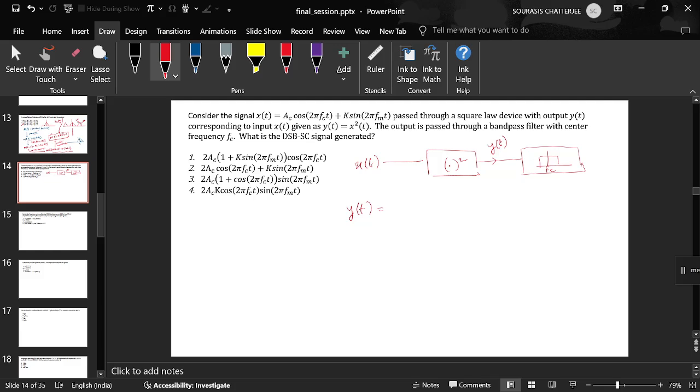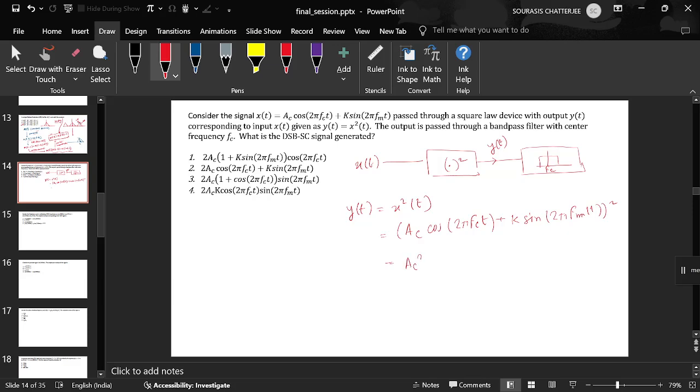So it is just x squared(t). So we'll just have (Ac cos 2 pi fc t plus k sin 2 pi fm t) whole squared.